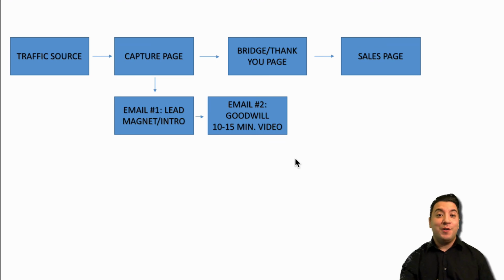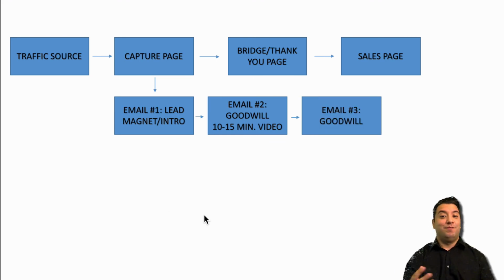You want them to open your emails when they see them. So one way to do this second email is to do a free training on something. Maybe you have a certain skill set and you know how to teach somebody something relating to it. Whatever the case may be, just do it in a way that expresses goodwill and provides good value.